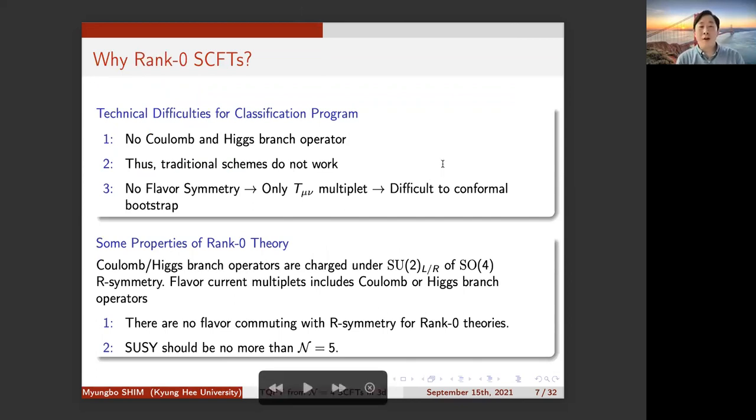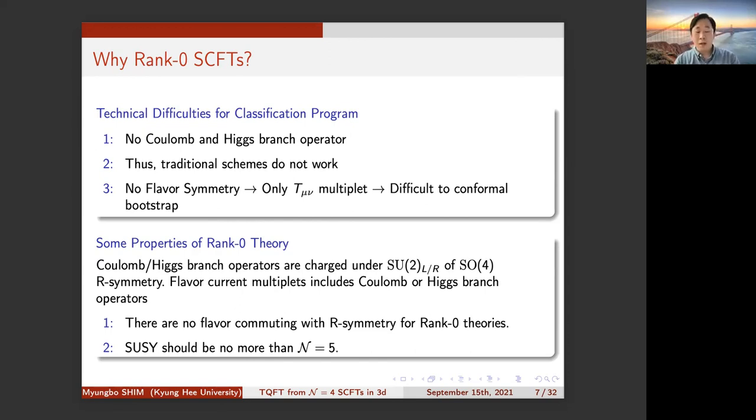And why are rank-0 superconformal field theories interesting? First of all, there are some difficulties for the classification program of these rank-0 theories. Since these theories have no Coulomb and Higgs branch operators, the traditional classification program relying on these Coulomb and Higgs branch operators does not work properly.